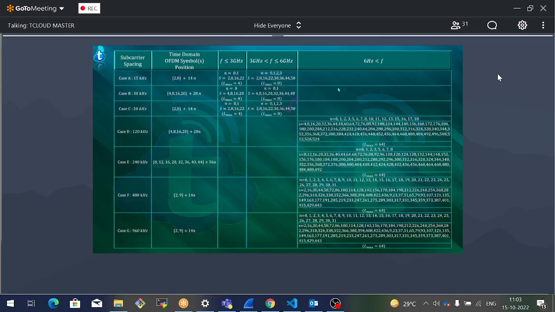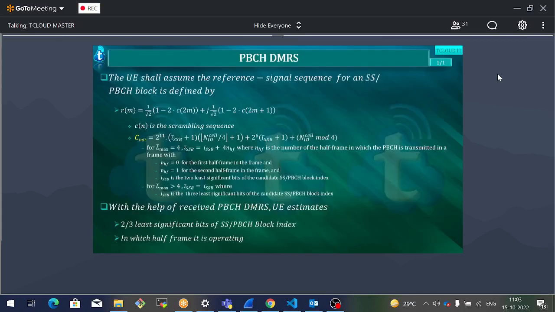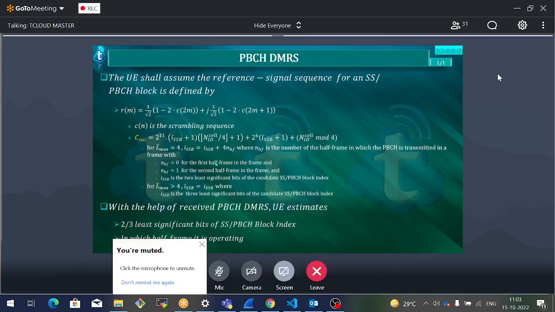So whatever the index number is, it gets converted into binary, and from that binary, the last 2 bits are taken as the ISSB value. So substitute ISSB and NHF value as either 0 or 1, depending on whether it is getting transmitted in the first or second half frame, and calculate this I bar SSB if it is Lmax 4.